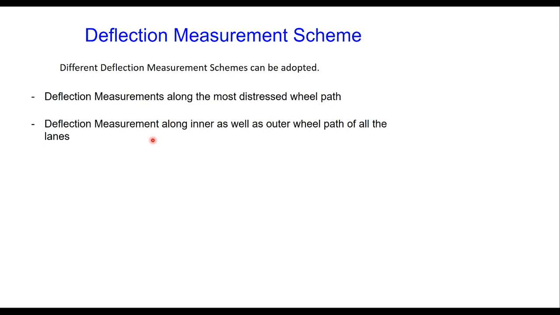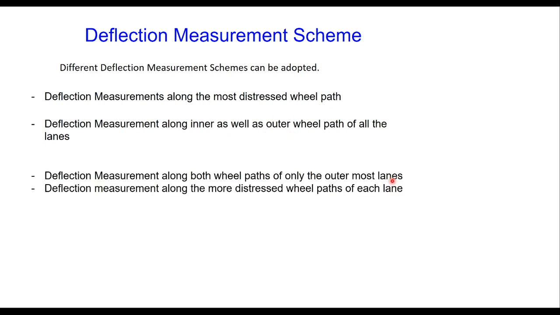Deflections can be measured along inner as well as outer wheel path of the lane, or it can be measured along both wheel paths of only the outermost lanes, or it can be along the more distressed wheel path of each lane.